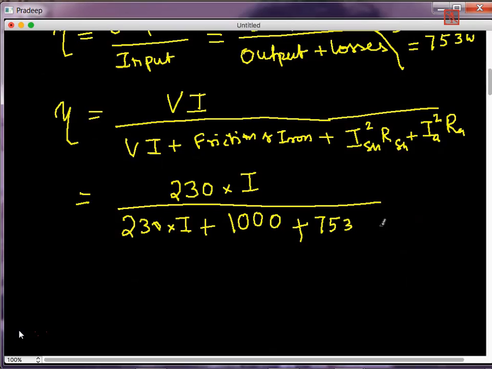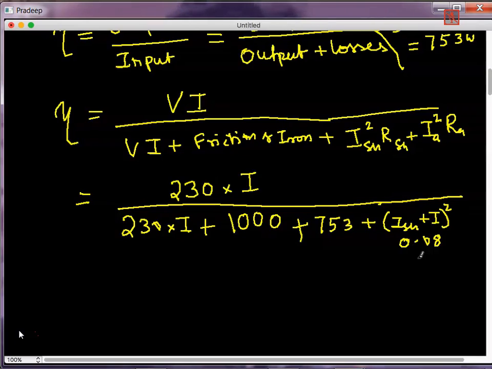Armature current is nothing but shunt field current plus load current, and the armature resistance is 0.08, that is given in the question. Here the shunt current I also know, so I just have to find out the value for I, and then I'll get the efficiency.